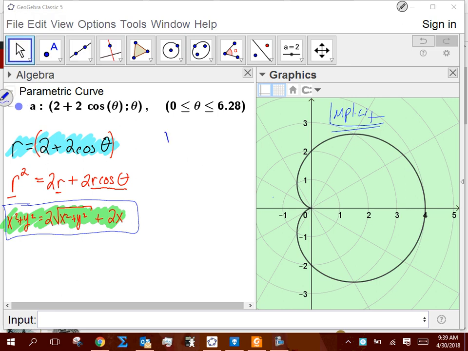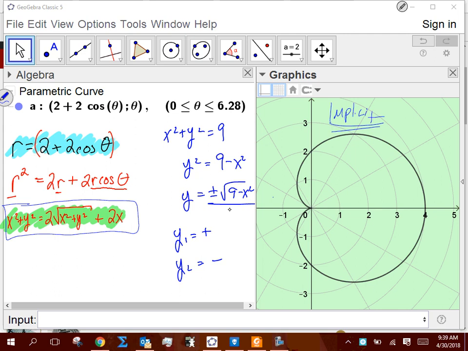But if I had x squared plus y squared equal to 9, and I want to graph that circle, you remember taking y squared is equal to 9 minus x squared? We square root that, we get y equals plus or minus square root of 9 minus x squared. So now I've solved for y1 to be the positive version, and y2 to be the negative version. If I graph both those on my TI-83/84, I would get the entire circle, right? I think that might be a very difficult process down there.